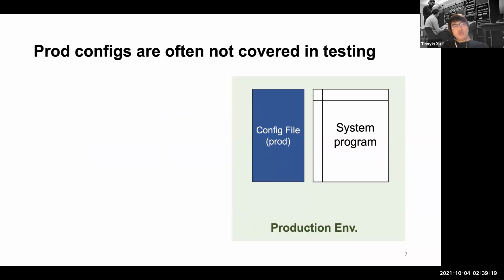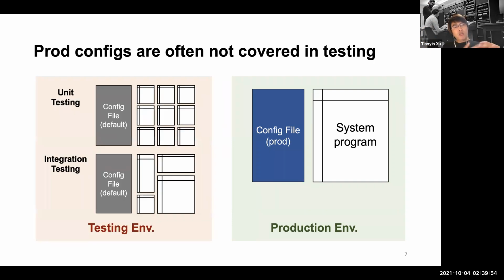The fundamental issue is that production configurations are often not covered in the test environment, although we invest so much in testing, including unit testing, integration testing, and this and that. But the production environment is what we want to protect, right? Because it helps us serve customers and make money. In the production environment, the system code runs under the production configuration. And as we have seen, the production configurations are changed continuously.